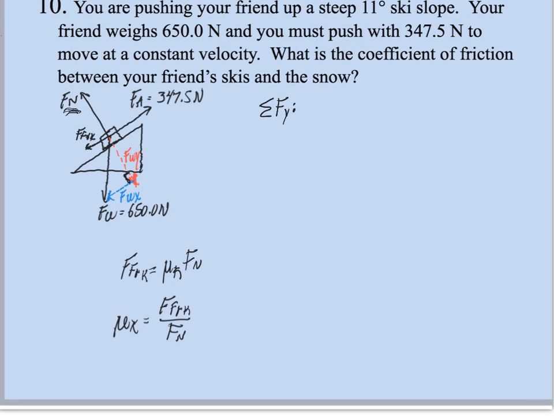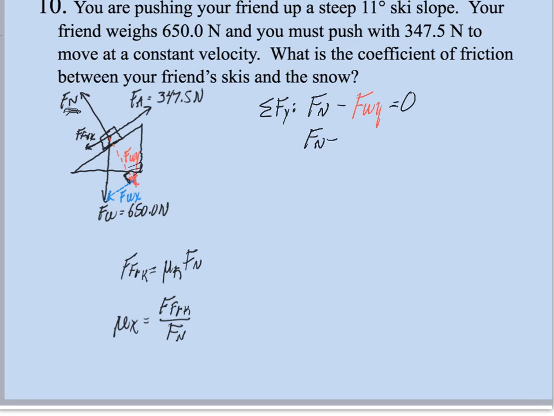I have the normal force, and the component of the weight vector. So if I sum them, F normal minus FWY should equal 0.